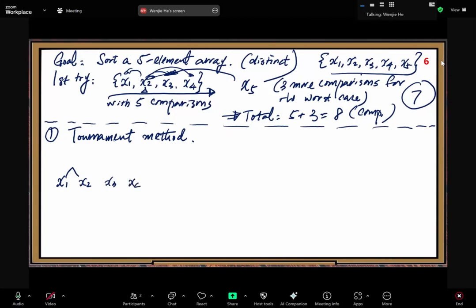X3, X4, we do a comparison. We assume X1 is the winner, X3 is the winner. After that, compare X1 and X3. We can assume X1 is the winner. In this tournament round, we need comparison 1, comparison 2, comparison 3. 3 comparisons.